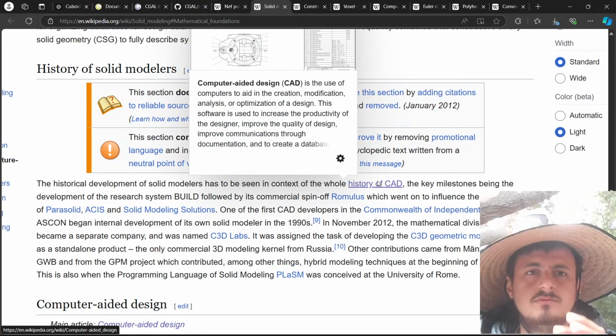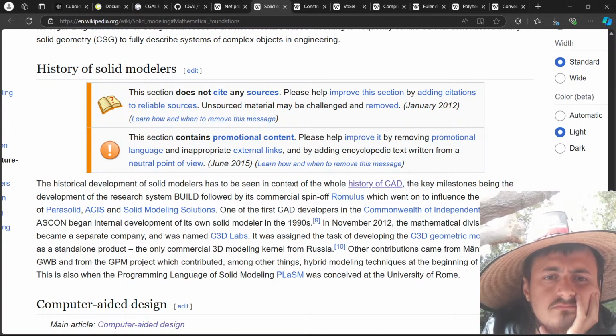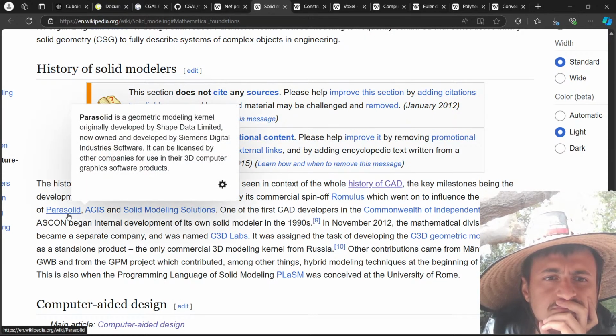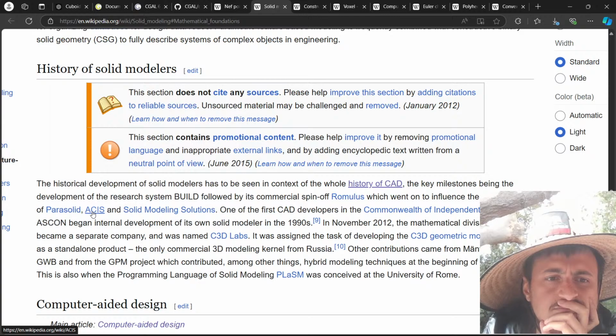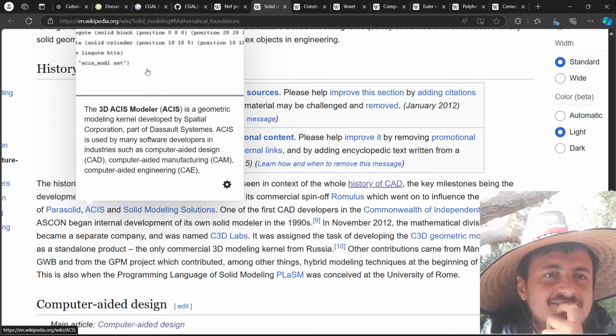Ooh. Look at that S-expression. That's cool.